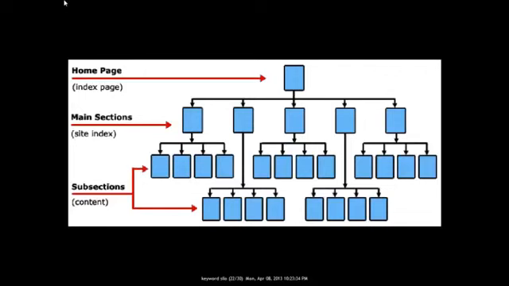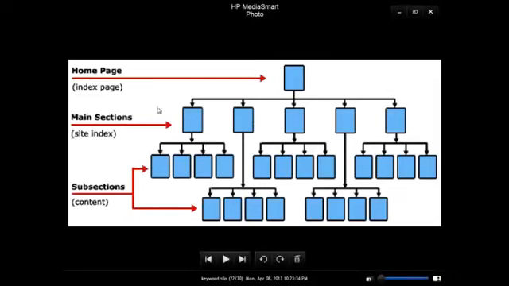So for keyword silos for a niche site, this is kind of the idea of how it works. I hope this video isn't too blurry for you and you can see. Basically you have your home page here. This is your landing page, so your main home page. And then your main home page links to category pages.